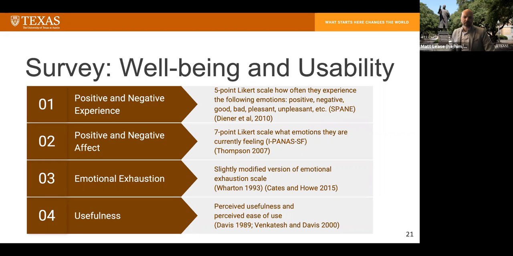And so, long and short is we pulled a set of standard measurement techniques out of the psychological literature, along with traditional UX, HCI metrics around ease of use and usability.